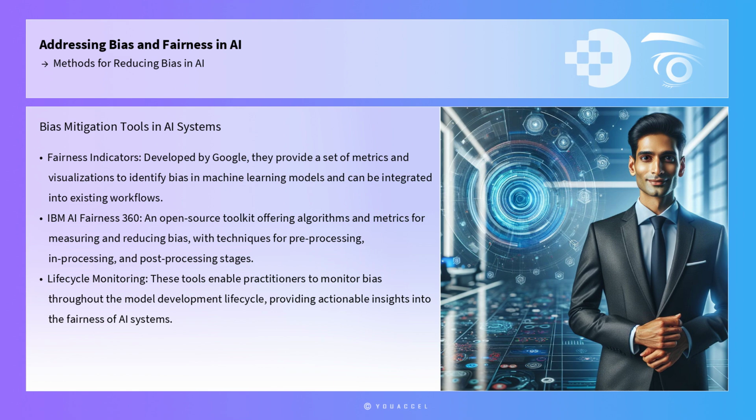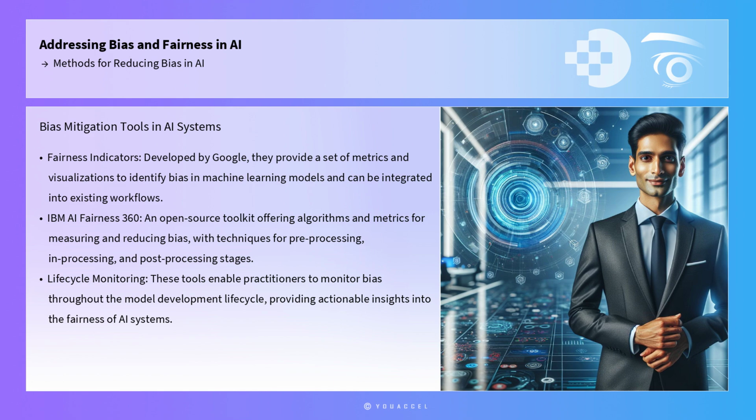Practical tools such as Fairness Indicators and IBM AI Fairness 360 offer frameworks for assessing and mitigating bias in AI systems. Fairness Indicators, developed by Google, provide a set of metrics and visualizations that help identify bias in machine learning models. These indicators can be integrated into existing workflows, allowing practitioners to monitor bias throughout the model development lifecycle.